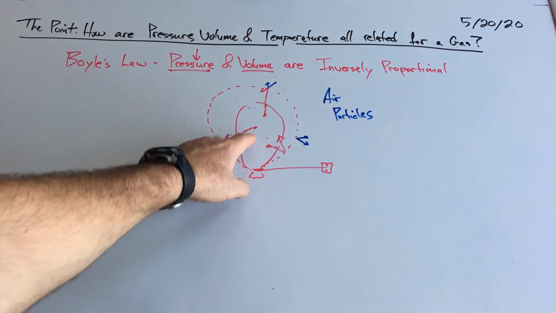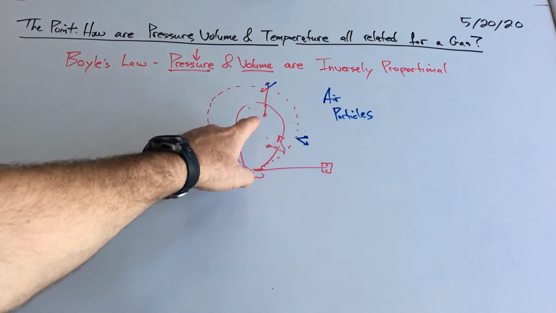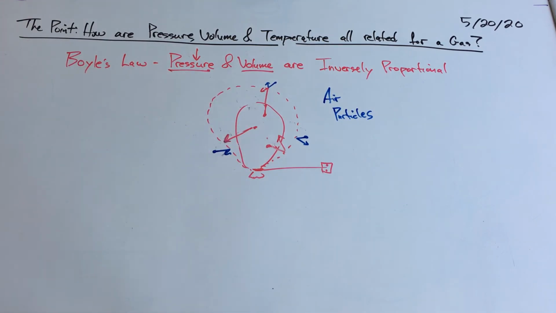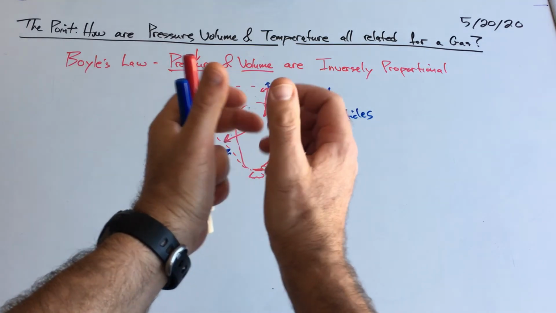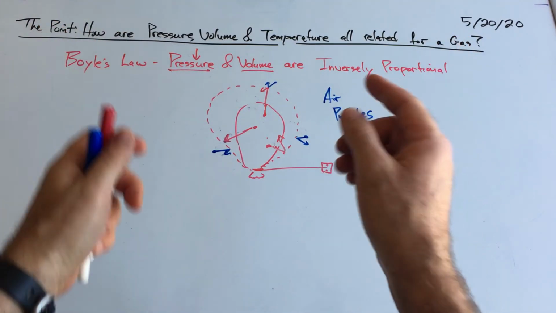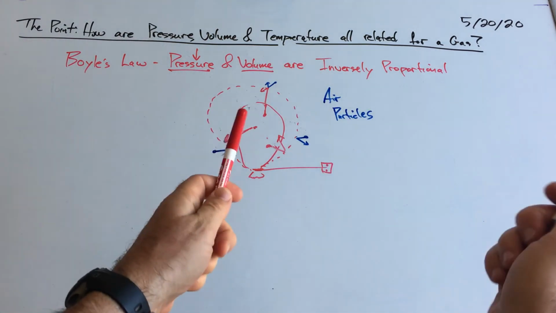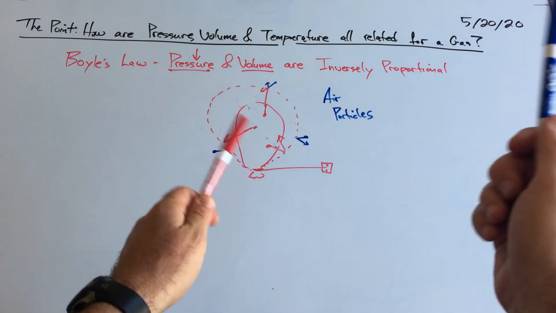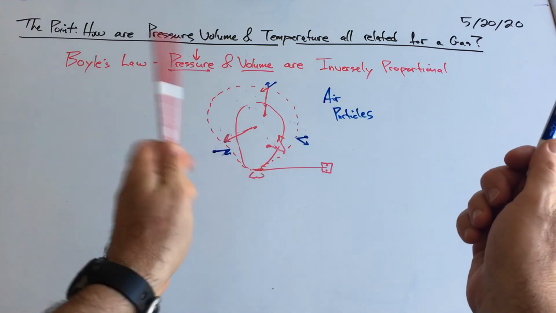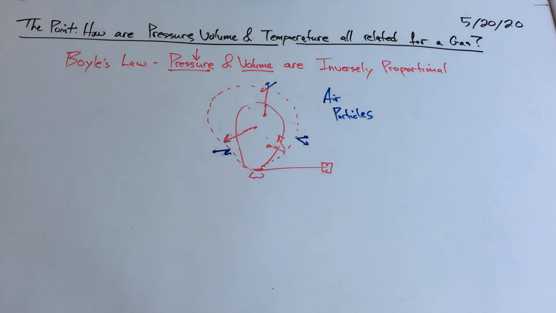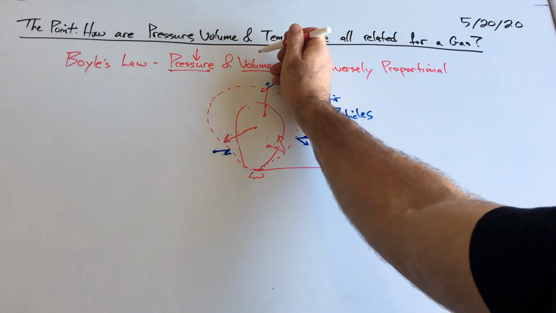These guys are going to win, and it's going to keep expanding until however much these guys bang equals how much those guys bang. And now what happened to the volume? It got big. So as the pressure on the outside drops, as we bang less on the outside, these guys can spread out more until they equalize. So the volume would increase.